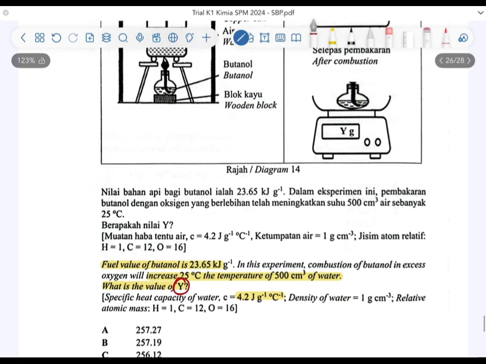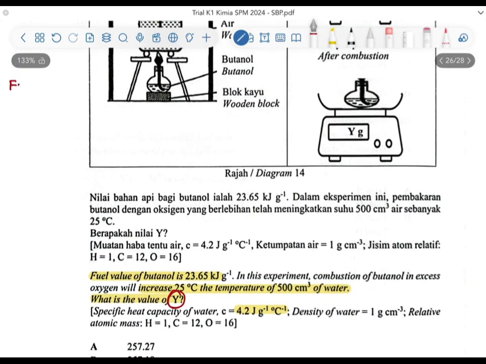So let's write the formula for the fuel value first. The fuel value equals Q, which is the heat change, divided by the mass. Mass of what?